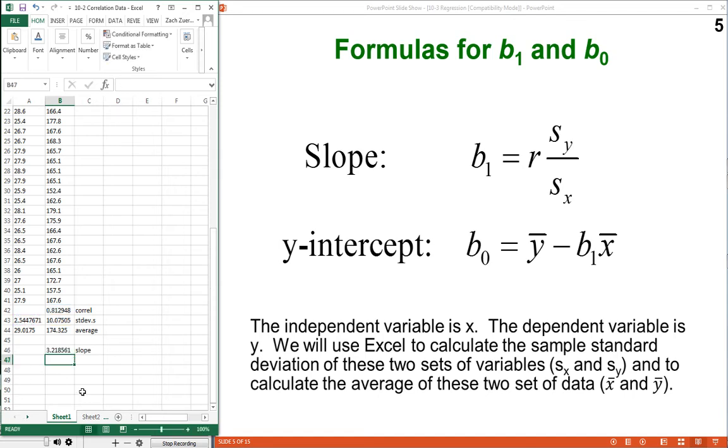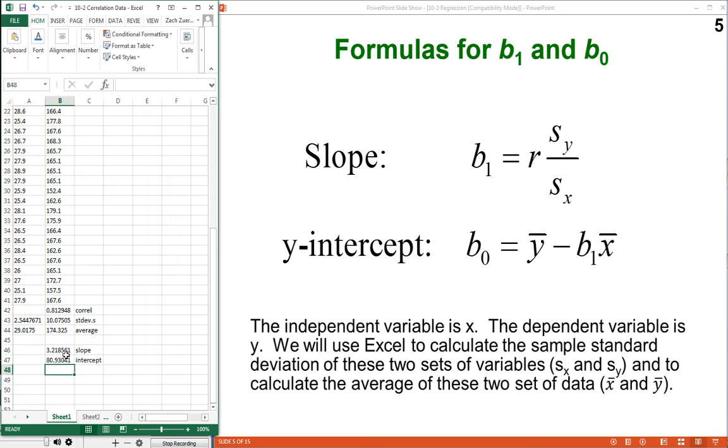So we've got a slope of 3.2, and the intercept, the y-intercept, is going to be the average y value minus the slope times the average shoe print length. Hit return on that, and you get 80.93.